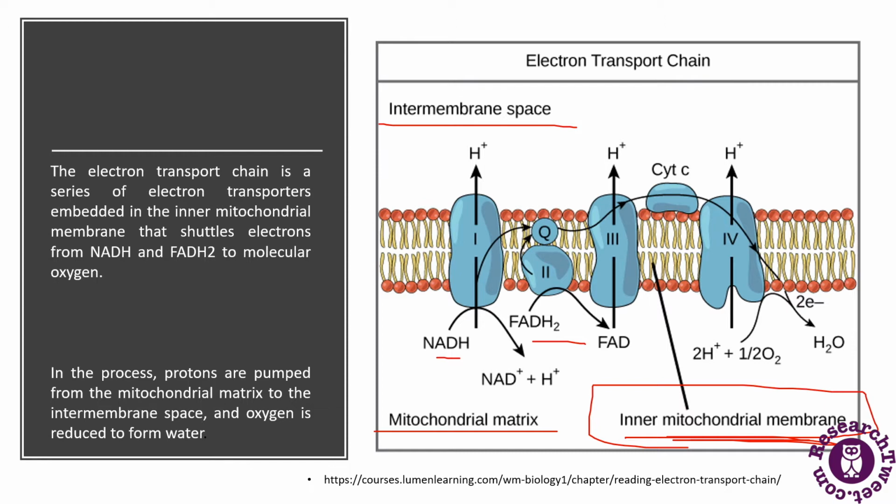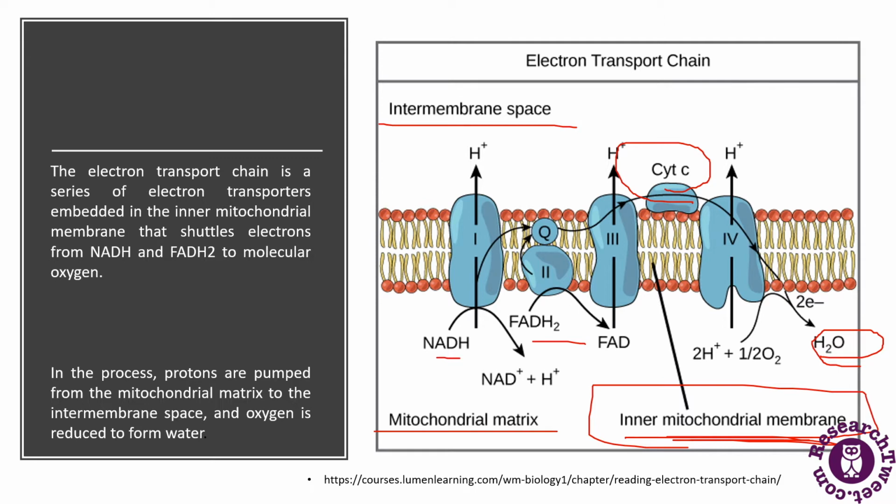In the process, the protons are pumped from the mitochondrial matrix to the intermembrane space and oxygen is reduced to form water, that is H2O. This is cytochrome C where the process takes place. So this was all about the mechanism of the electron transport chain.